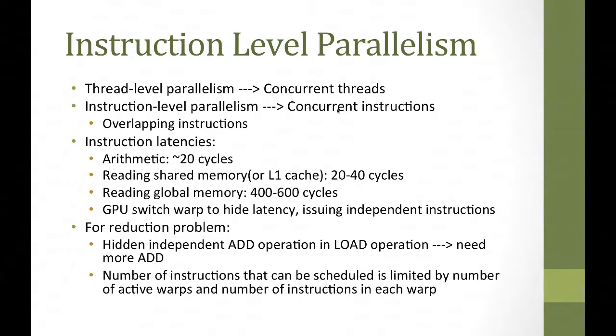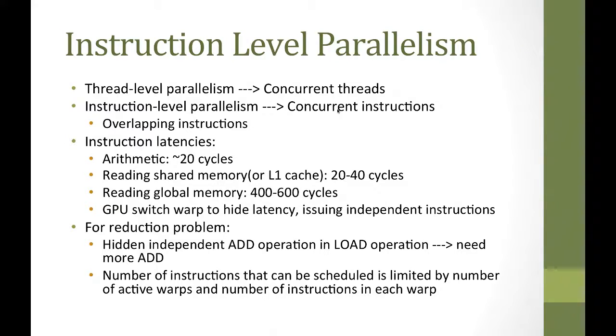There is some limitation on the number of instructions that can be scheduled on the multiprocessor. It's limited, first, by the number of active warps. Only an instruction from an active warp can be scheduled on the multiprocessor.